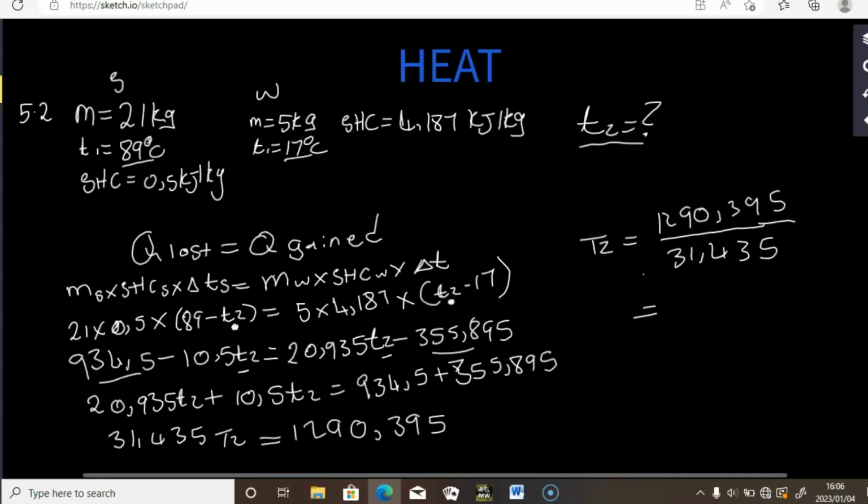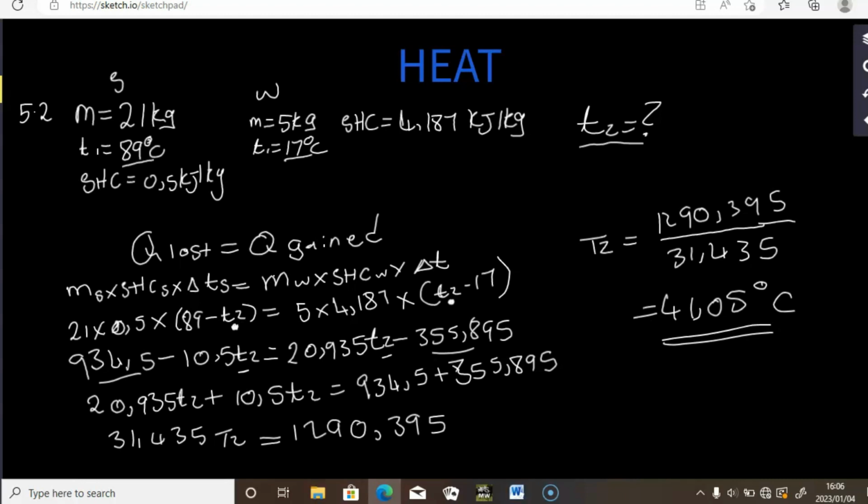And T2, I got it as 41.05 degrees Celsius. And we go to the next question, which is 5.3.